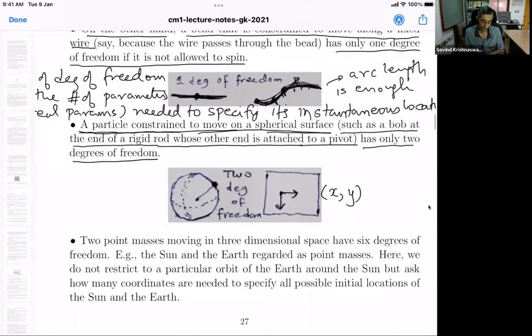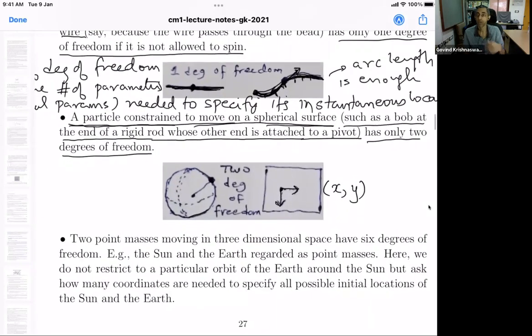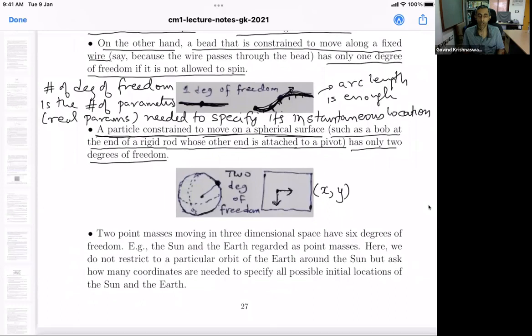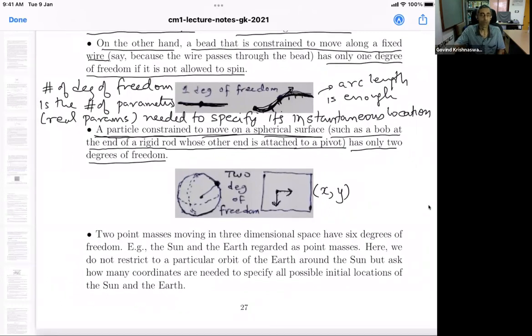You need not just the arc length distance, but also your velocity at that instant of time. So it's a good question, and the terminology is carefully chosen. We are only specifying the location at this stage. We will talk about the state later on. Is that clarified? Yes, sir.